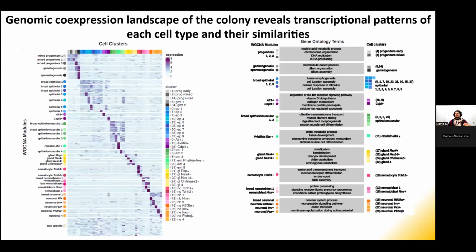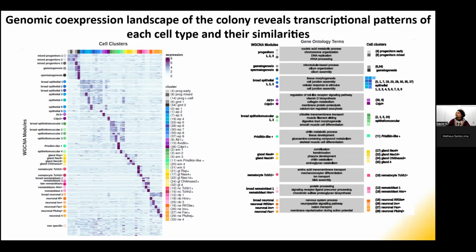But if we take the network as it is and we see how it overlaps with the cell clusters that we have, we see that each module, or most of the modules, are specific to cell clusters.